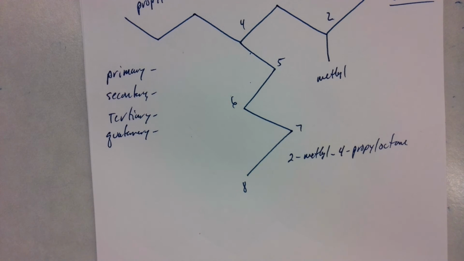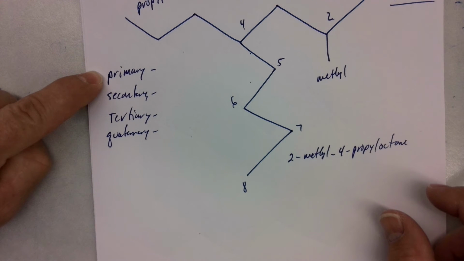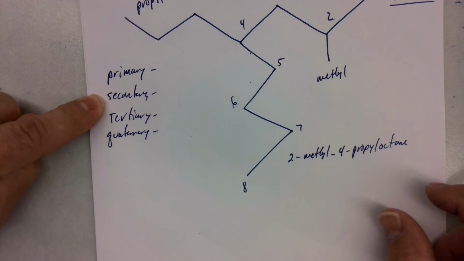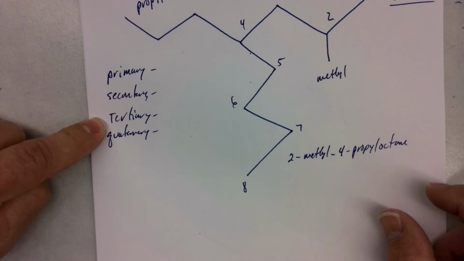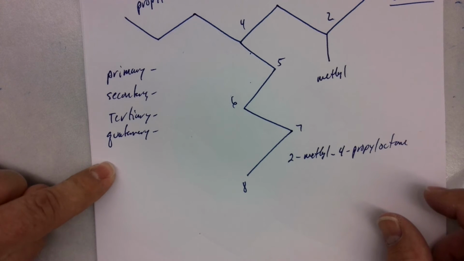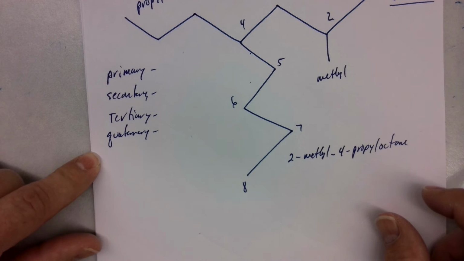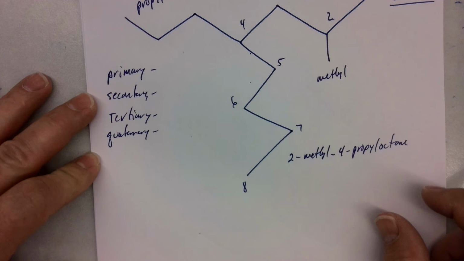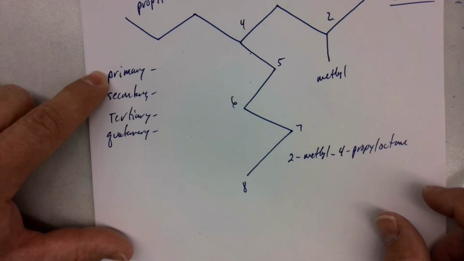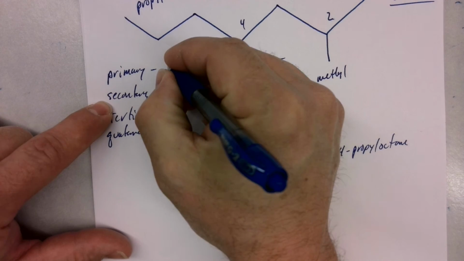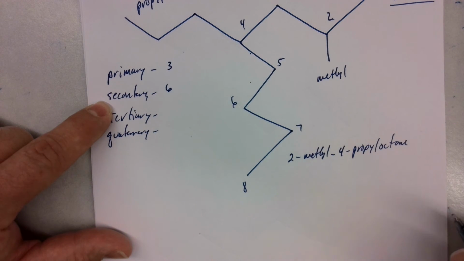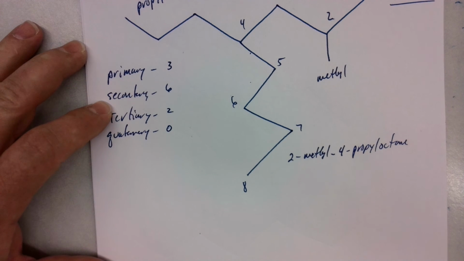Now, for this structure, I got 3 primaries, I've got 6 secondaries, I've got 2 tertiaries, and I don't have any quaternaries.